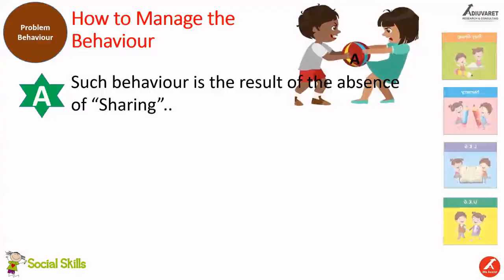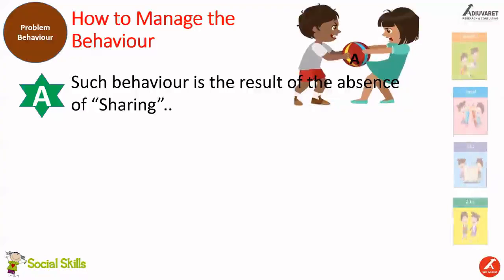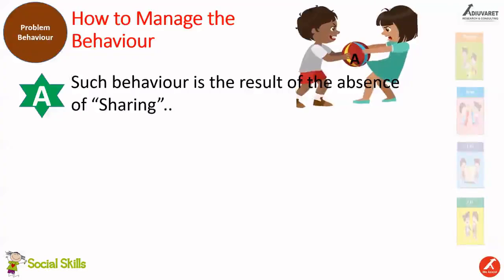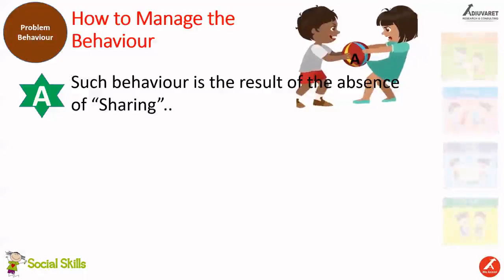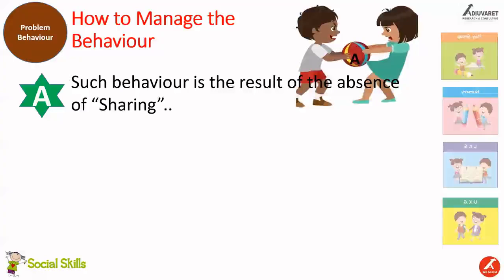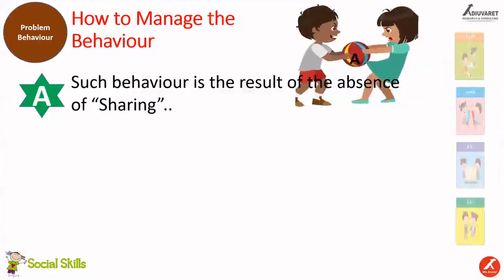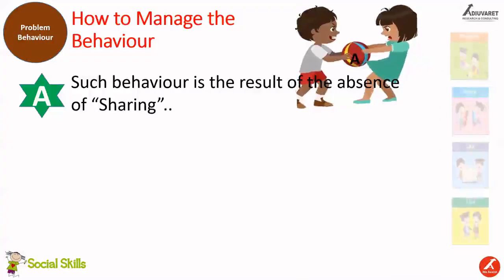There are various strategies that can be applied to improve the sharing nature in the child, and such behavior can be built by displaying or demonstrating the habit of giving or sharing our own possessions with other children.